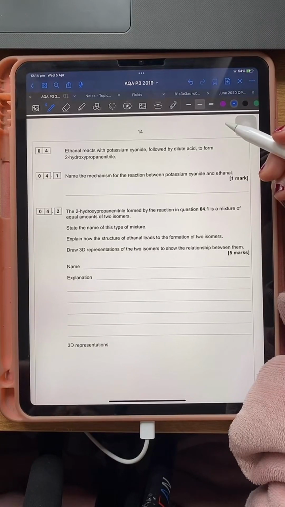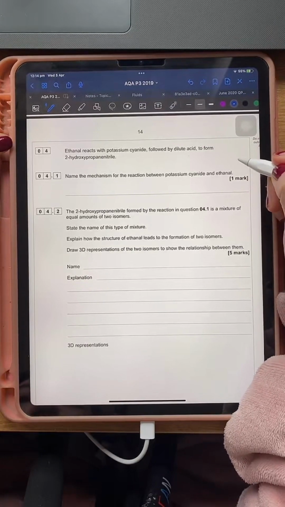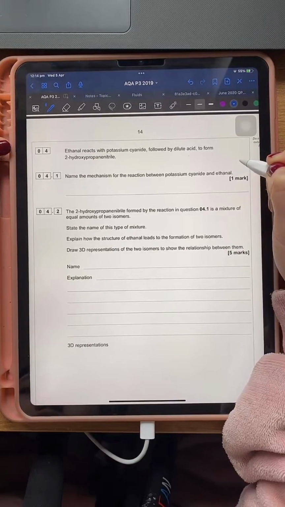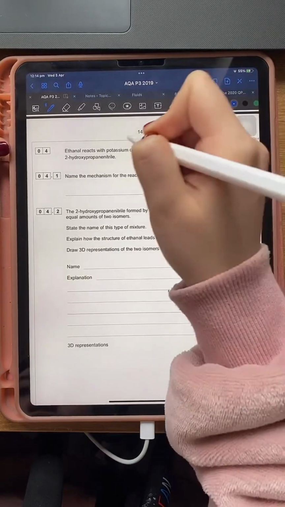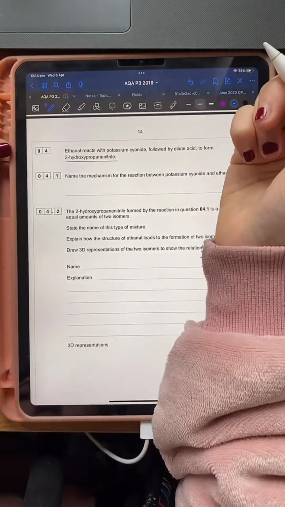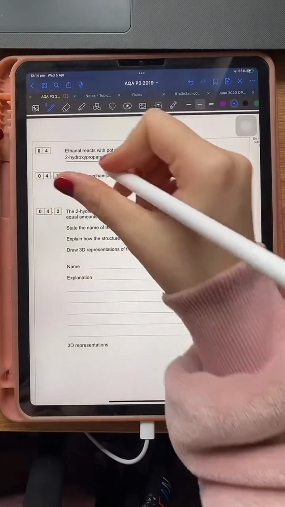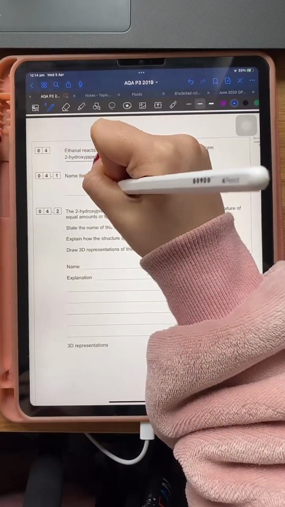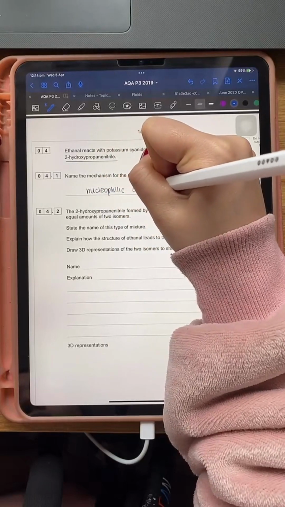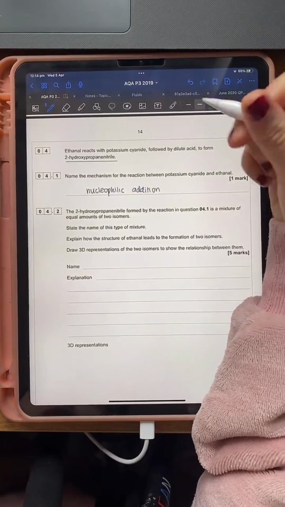We want to see the reaction. It says that we will get 2-hydroxypropanenitrile, which means that we combine the two together here. And when you combine the two, it's called addition. But it's nucleophilic because this is a nucleophile.